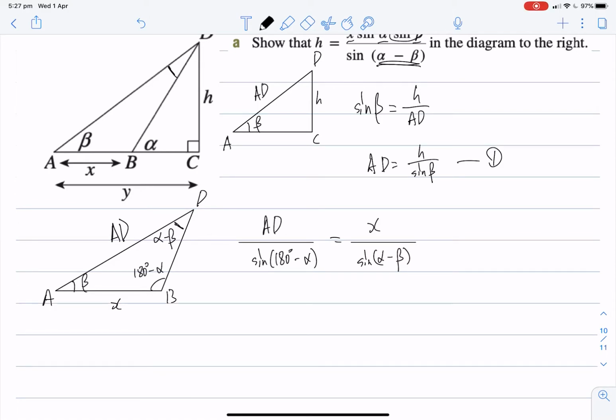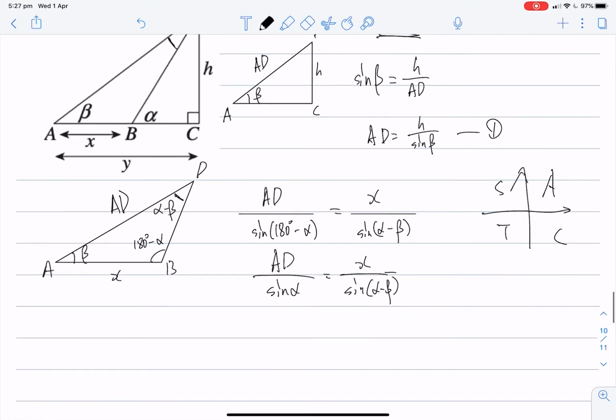Now this is one thing that we need to remember: for the second quadrant, sine of 180 minus alpha is basically the same as sine alpha. So AD over sine alpha equals x over sine of alpha minus beta.